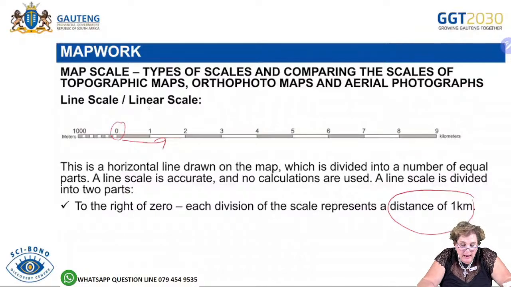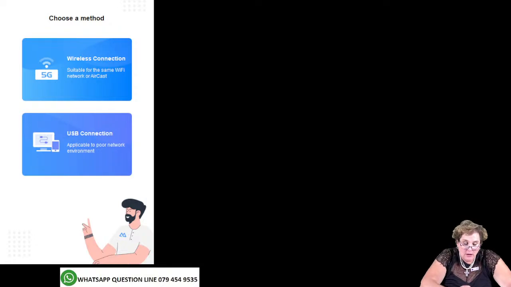Then to the left of the 0, the distance represents 1,000 meters or 1 kilometer. This is subdivided into 10 equal parts. So here's 100 meters, 200 meters, 300, 400, 500, 600, 700, 800, 900 and 1,000. So from there to there it's meters, from there to there it's going to be kilometers.